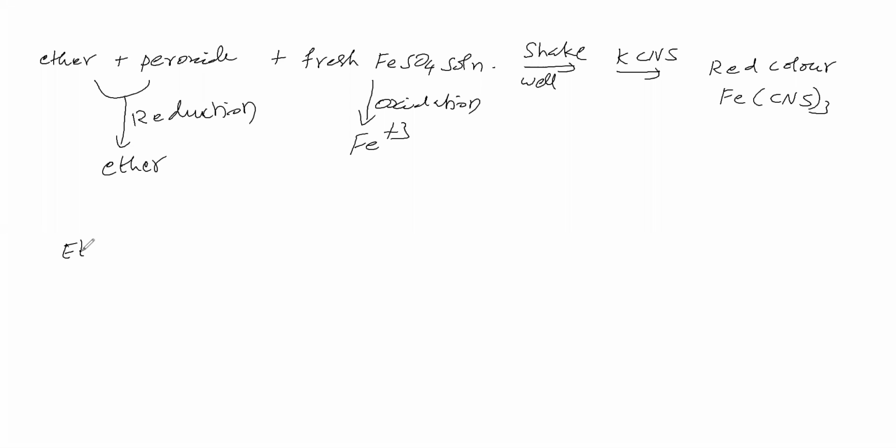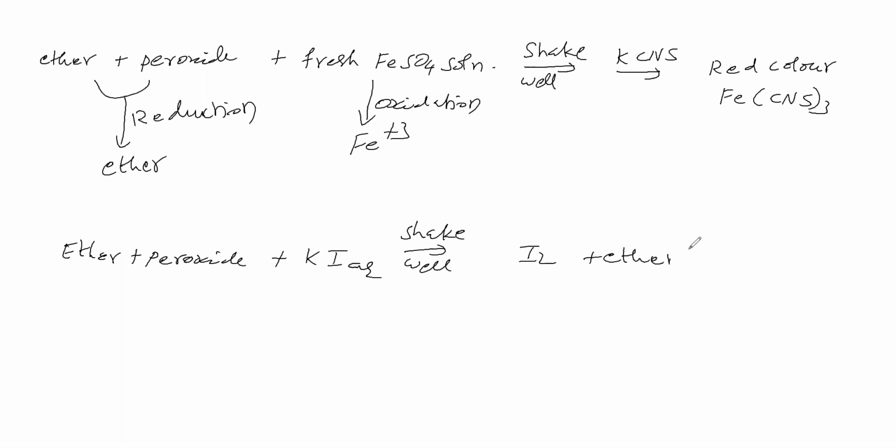Now, ether containing peroxide we are taking. To this we are adding potassium iodide solution. Then the contents will be shaken very well. Now what happens means I2 is liberated, and ether is produced.